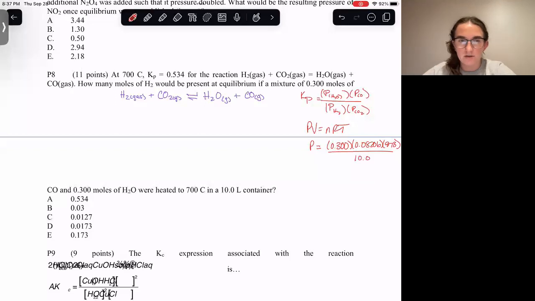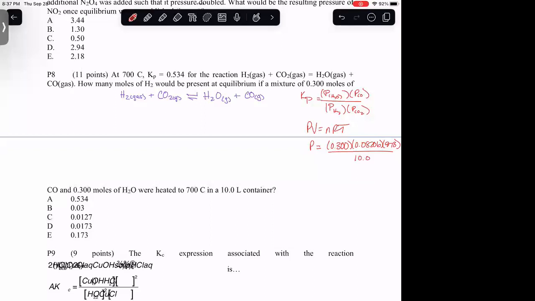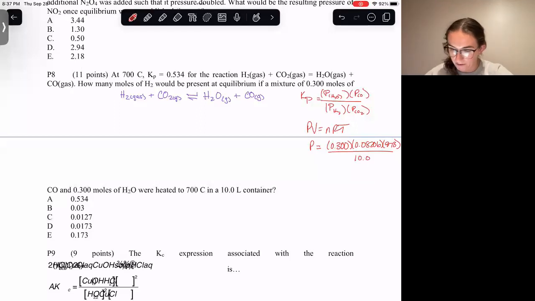Any questions so far on that? Where did you get N? Yep, so N came from the question. You have 0.3 moles of CO and 0.3 moles of H2O. Does that help?